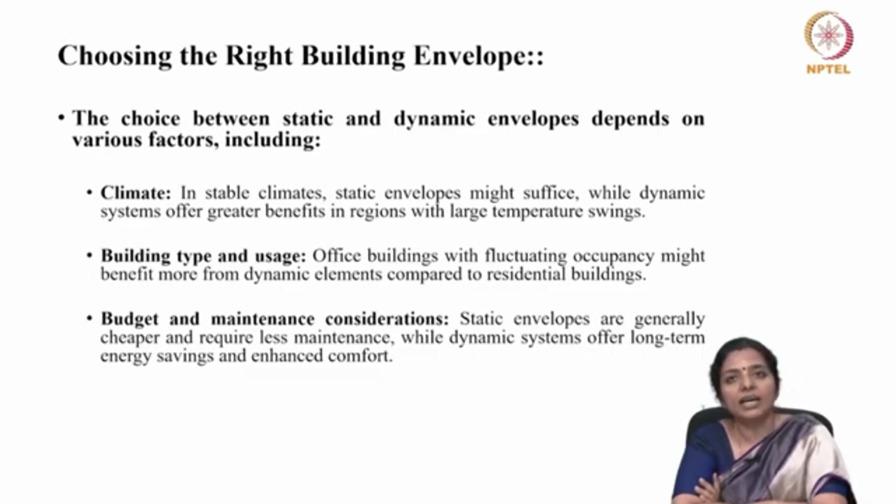There is hardly any climate in the world which is stable and comfortable at the same time. And therefore, dynamic systems offer greater benefits in regions with very large outdoor condition swings.